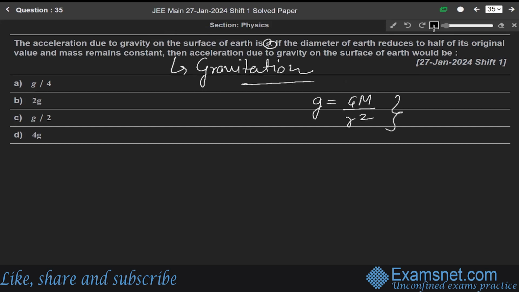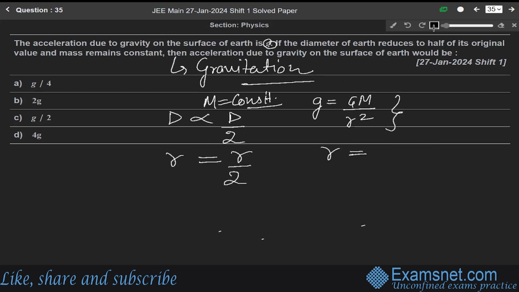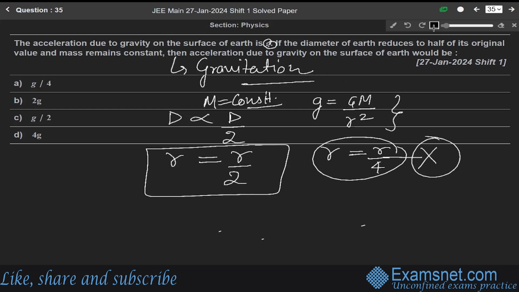Mass is the same, and diameter reduces to half of its original value. So students, if diameter changes to half of its original value, then the radius must also change to half of its original value. Radius will not become r by 4. Remember, it will not become r by 4. It will be r by 2 only.